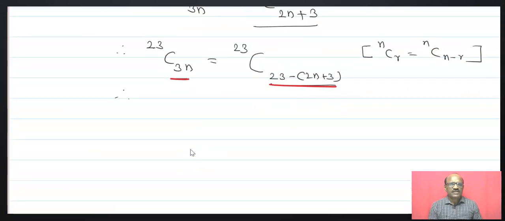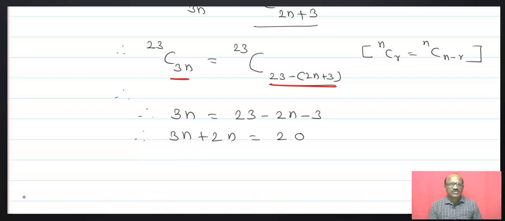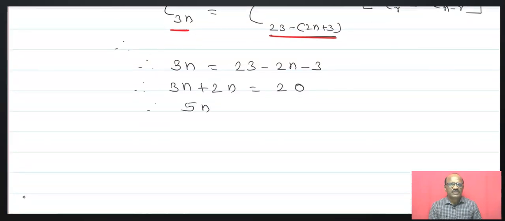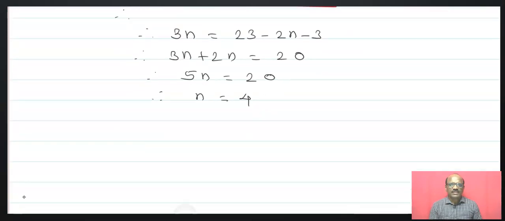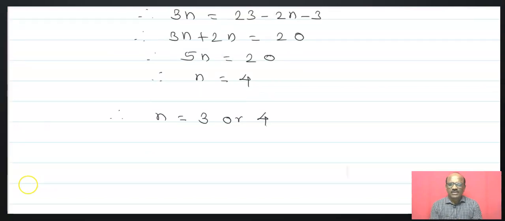That is 3n is equals to 23 minus (2n plus 3). That is 3n plus 2n is equals to 20. Therefore 5n is equals to 20, n is equals to 4. Therefore there are two answers, n is equals to 3 or n is equals to 4.